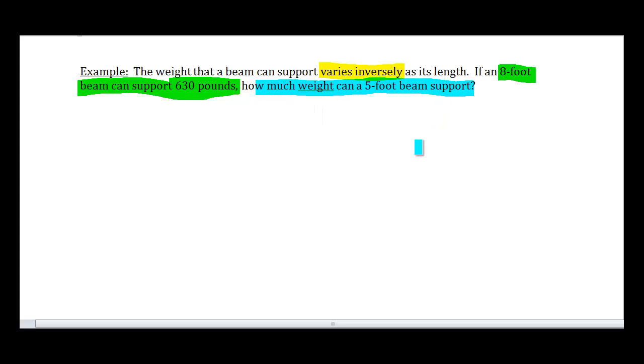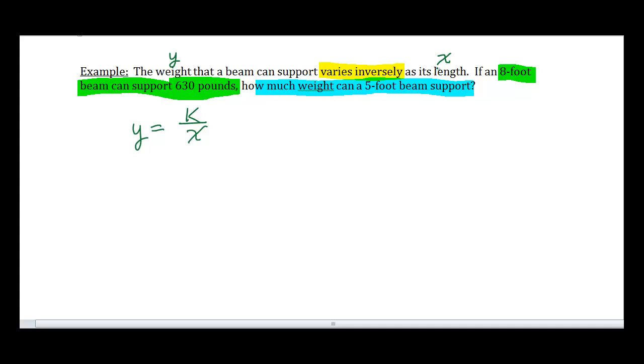That's my second set of values, or my second value. And since I see that this varies inversely, then what I'm going to do is write my equation, Y equals K over X. That's why it's going to be very important for you to memorize the actual equation that you're going to be using. All right, notice the weight came first, so weight is Y and length is X.